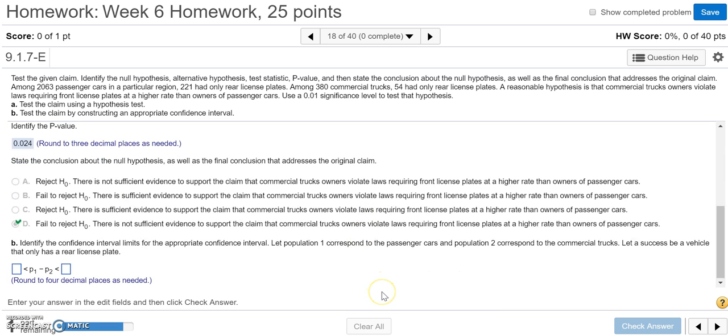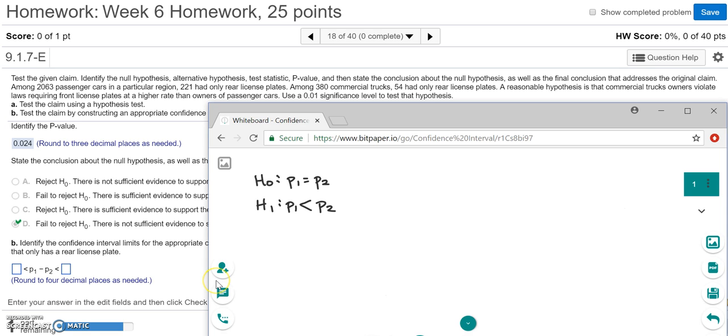Now finally, we're going to identify a confidence interval here that's going to correspond to the same hypothesis that we set up. Now to do this, let's take a look at the graph. This was my null and alternative hypothesis right here. The null hypothesis, H0, was P1 equal to P2, and the alternative hypothesis, H1, was that P1 is less than P2.